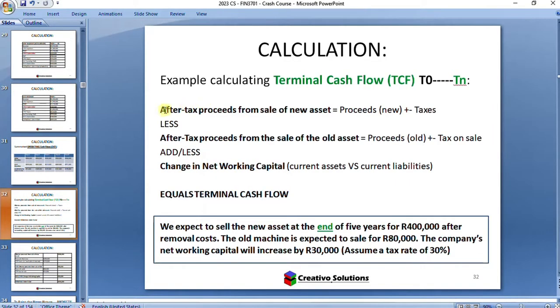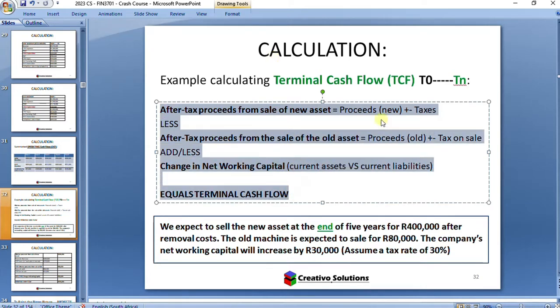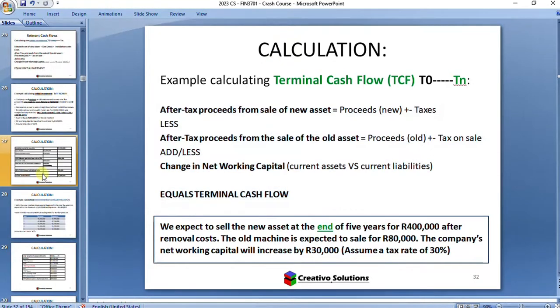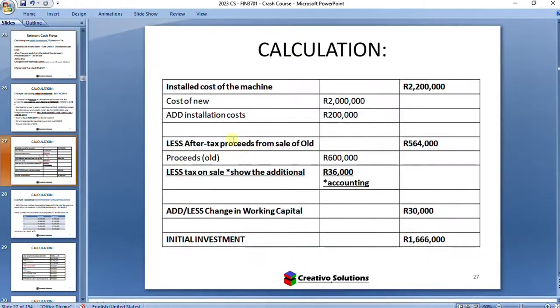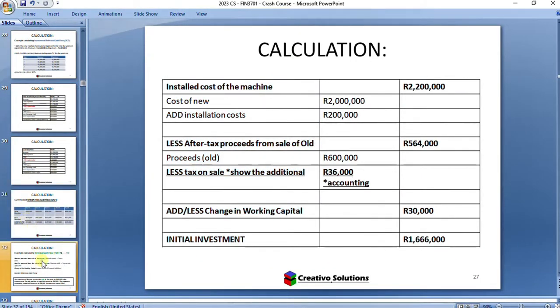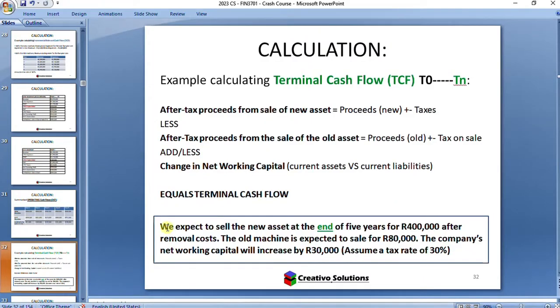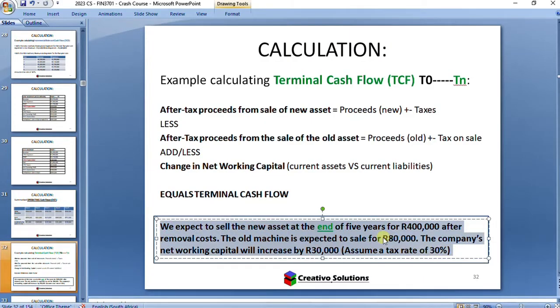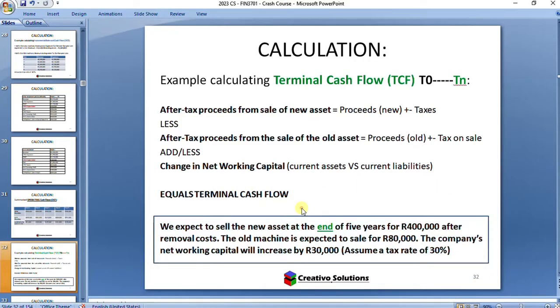For TCF, it's the same as initial investment. If you look at this slide and the previous one, it's exactly the same. The only difference is you're looking at the end of the 5 years. So this is the additional information, and that's why I've put it in a block in blue. I've tried to make it stand out.